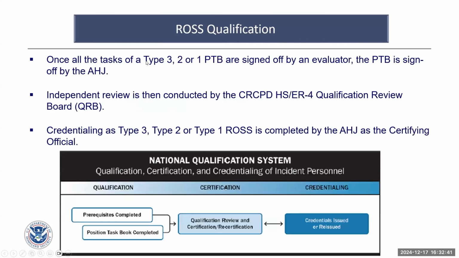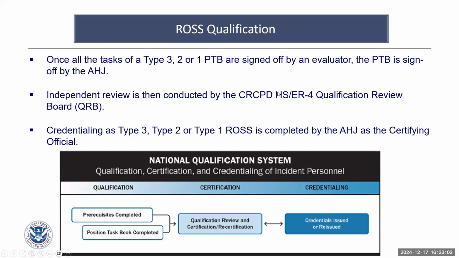The process moves on from there to, once you've completed all the tasks for the type 3 PTB or the type 2 or the type 1, you do them one at a time. You get it signed off by usually your lead evaluator, or it can be signed off by the AHJ.